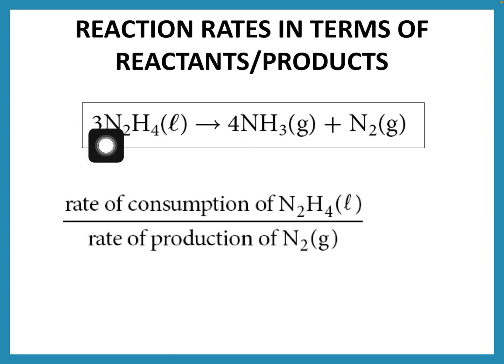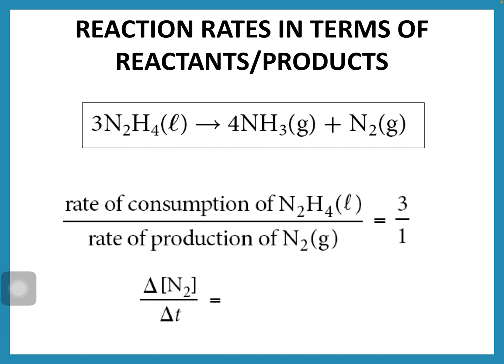So for every 3 hydrazine that gets used up, 4 ammonia are being produced. And so my rate of consumption of hydrazine is 3 moles for every 1 mole of nitrogen that is produced. So I have a 3-to-1 ratio there in terms of my reaction rate for this particular equation.